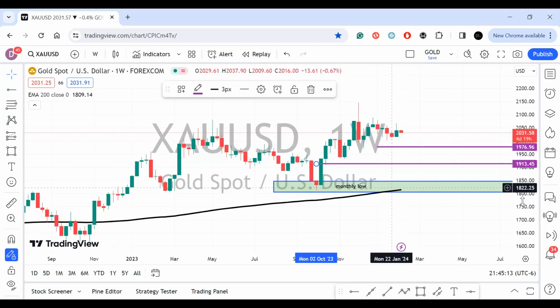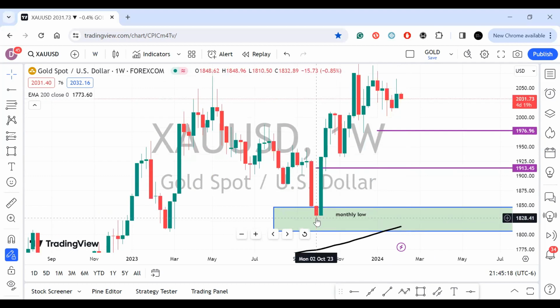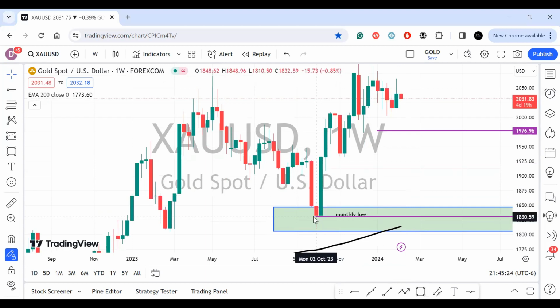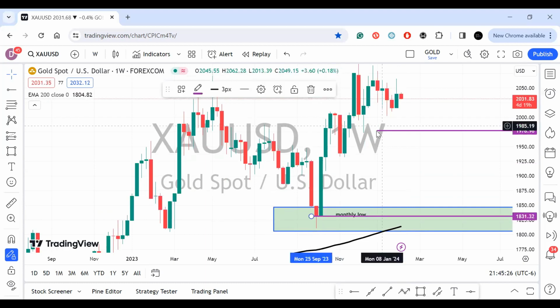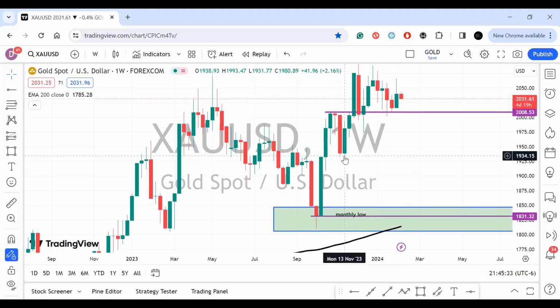on the weekly, starting from our monthly low, from here, price pushed up. We have two candles that pushed down. So this is now our weekly low, and this is now our weekly high. So we had a pullback, then we had a continuation to the upside.